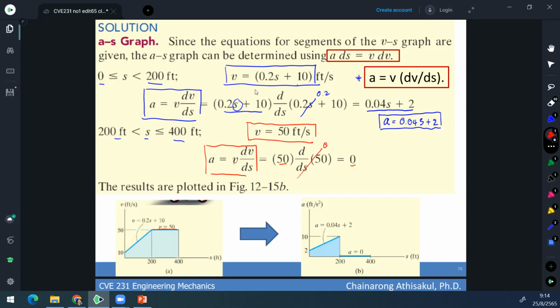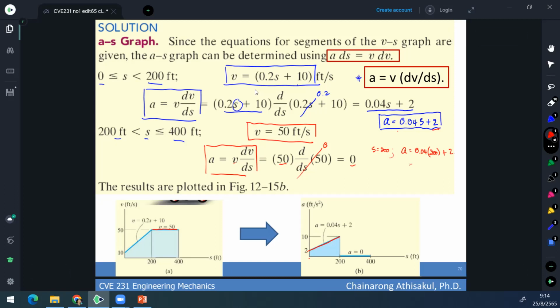So now we can construct the a-s graph. This is a linear function. And we plot when s equals 0, a equals 2. When s equals 200, so what happened? a is equal to 0.04 times 200, plus 2.